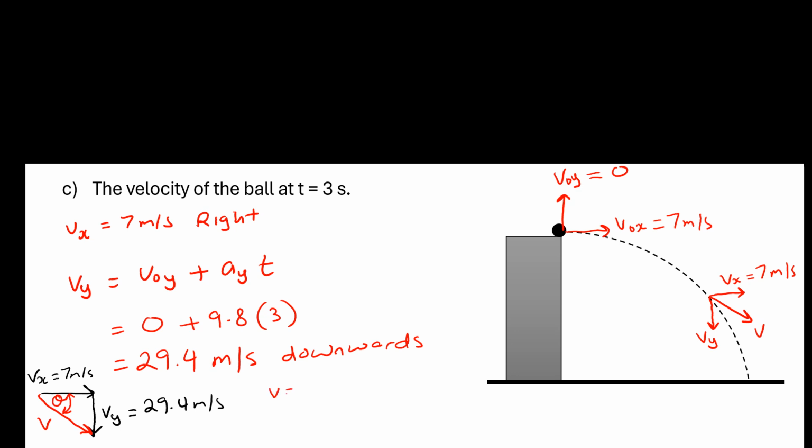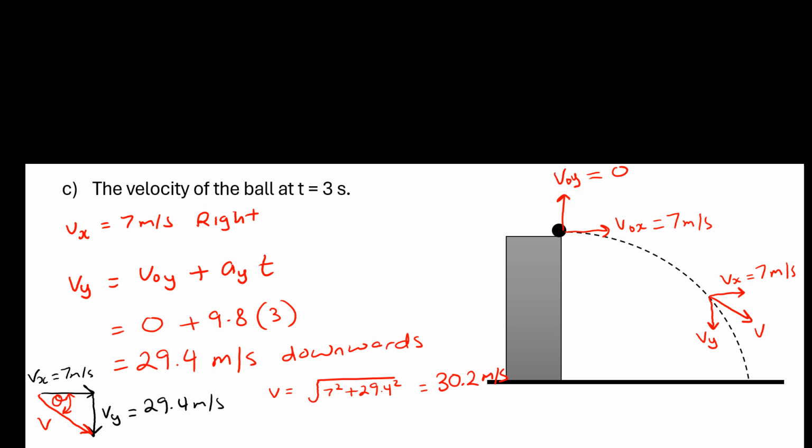So v equals the square root of 7 squared plus 29.4 squared. Let's use the calculator to determine the value of the square root of 7 squared plus 29.4 squared. We get 30.218464 meters per second. I will just round it to one decimal place, which is 30.2 meters per second.